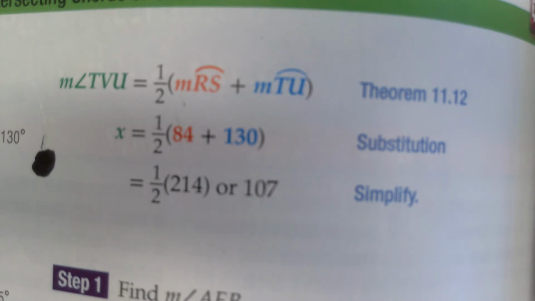I've seen them look as crazy as something like this. I've seen a problem on Alex before where it's that. So if it's like this, angle equals 1/2 times that arc plus that arc. Does everyone see that? This angle would equal 1/2 times this arc plus that arc.